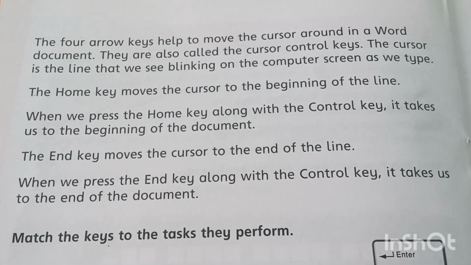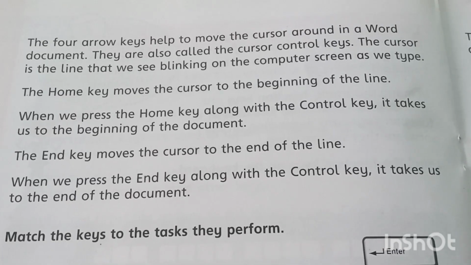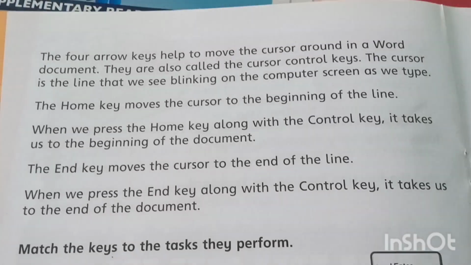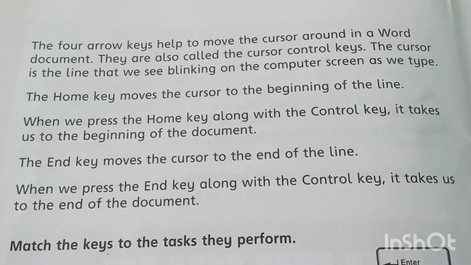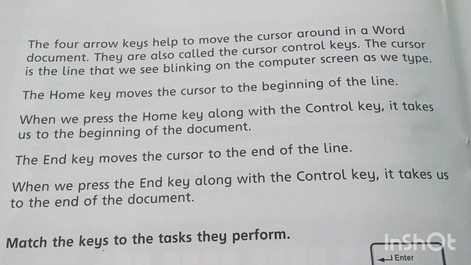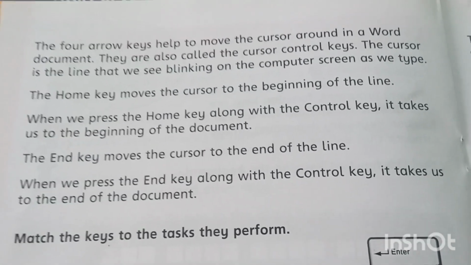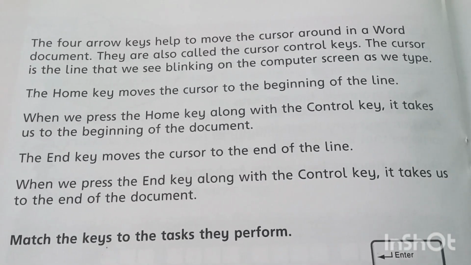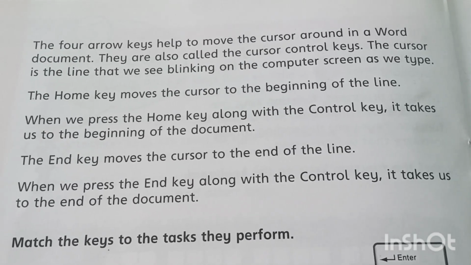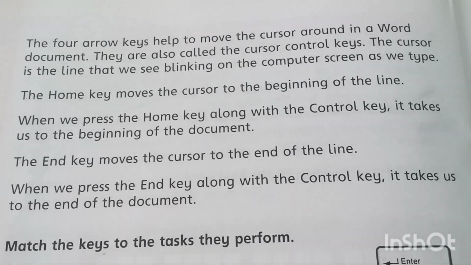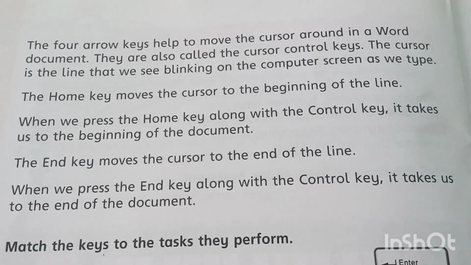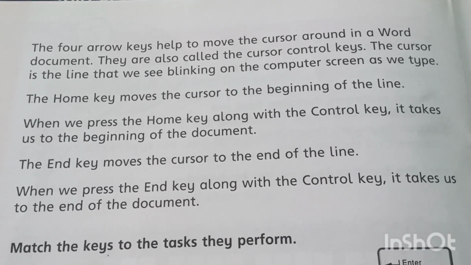The cursor is the line that we see blinking on the computer screen as we type. The home key moves the cursor to the beginning of the line. When we press the home key along with the control key, it takes us to the beginning of the document. The end key moves the cursor to the end of the line. When we press the end key along with the control key, it takes us to the end of the document.